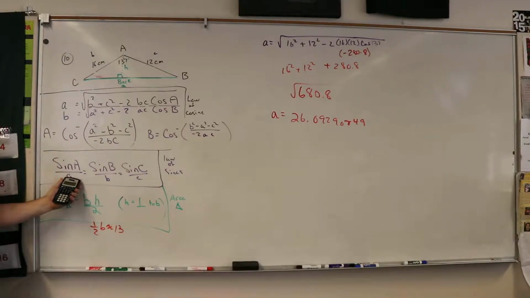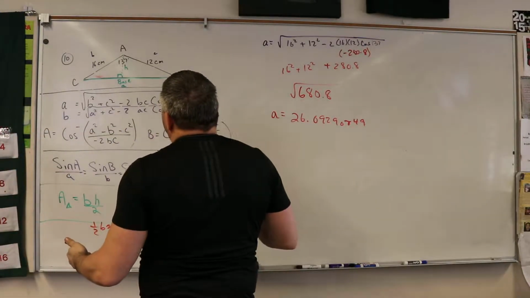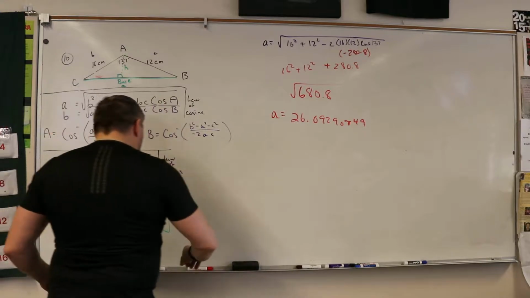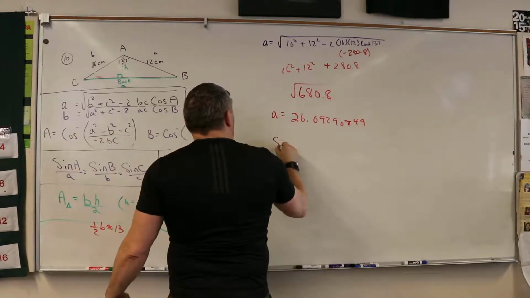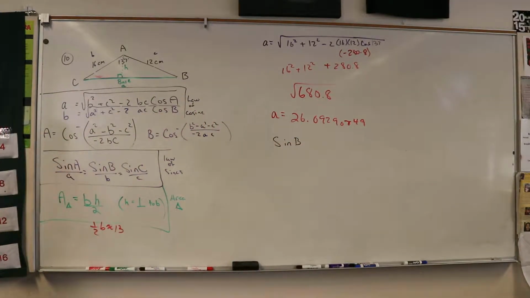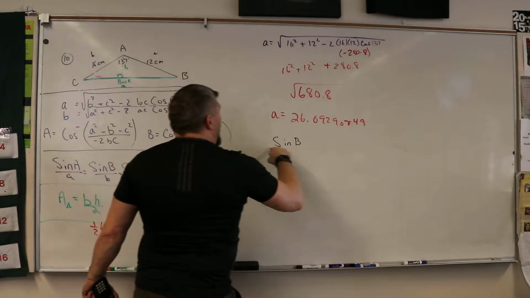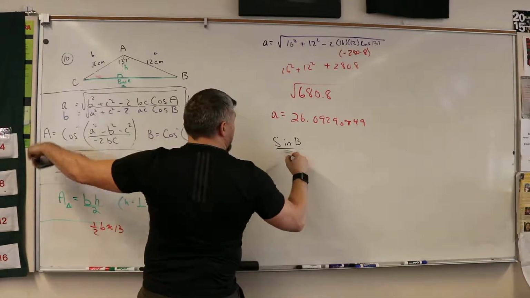Because we have the law of sines. Because we can say, you said you wanted B, right? So, if you want the sine of B, you want angle B, then you need to know what B is over. And you know that B is over 16, right?